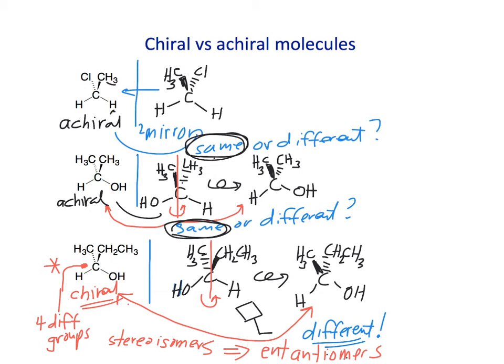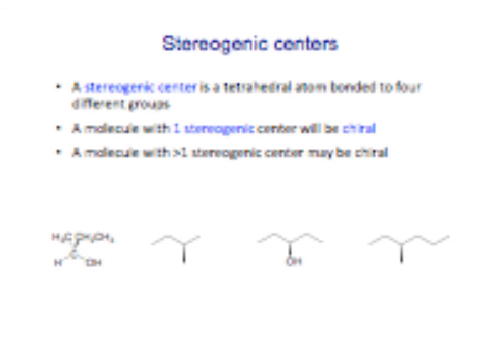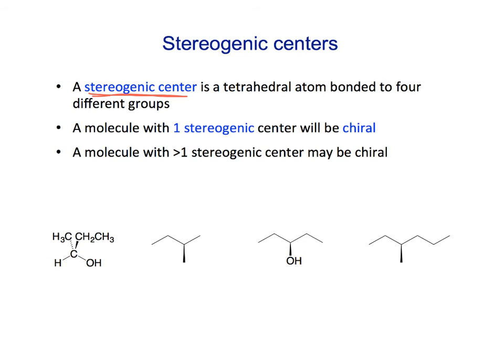And that makes it a special type of carbon. Carbons, or really any tetrahedral atom, are called stereogenic centers when they're bonded to 4 different groups. It's not just 4 different atoms, it's 4 different groups.